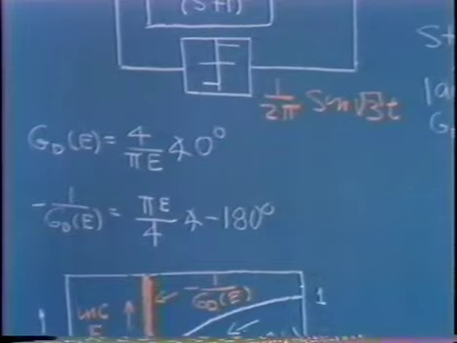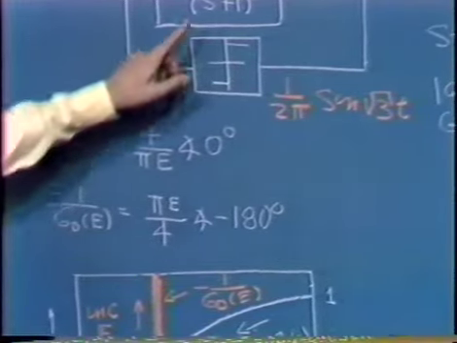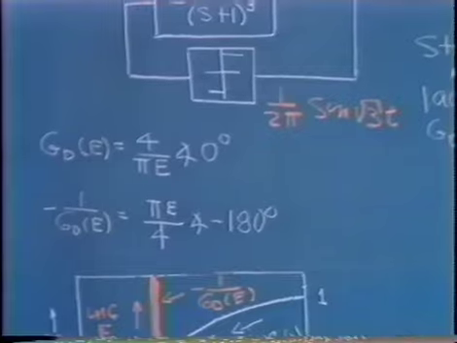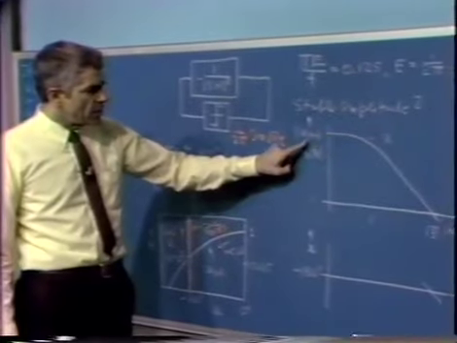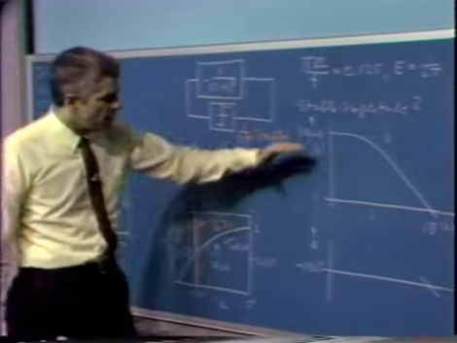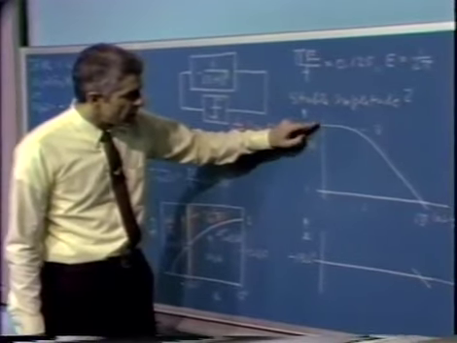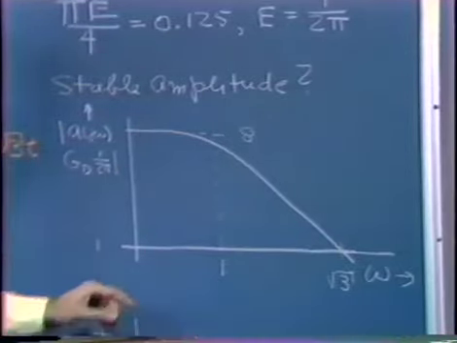We've already found that at sufficiently low frequencies the magnitude of the linear portion of our transfer function is unity. Consequently, the indicated magnitude, A of j omega times g sub d of 1 over 2 pi, has a low frequency value of 8. It has a corner frequency of 1 radian per second.